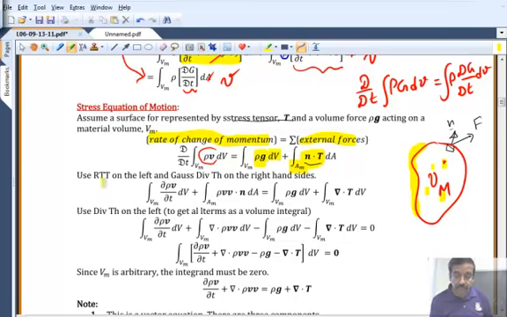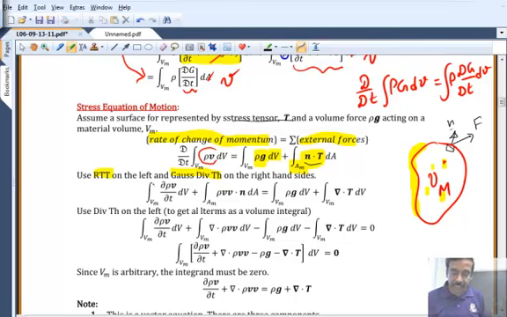So we are going to use these tools, the Reynolds transport theorem, RTT stands for Reynolds transport theorem, and the Gauss divergence theorem. Okay, so Reynolds transport theorem on the left hand side. You will see d dt of rho v. Now rho v is equal to alpha in the Reynolds transport theorem. So if you take the template of Reynolds transport theorem, wherever you had alpha, replace it by rho v.